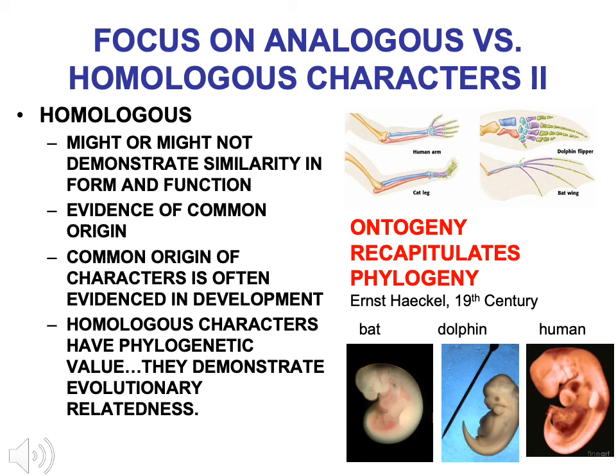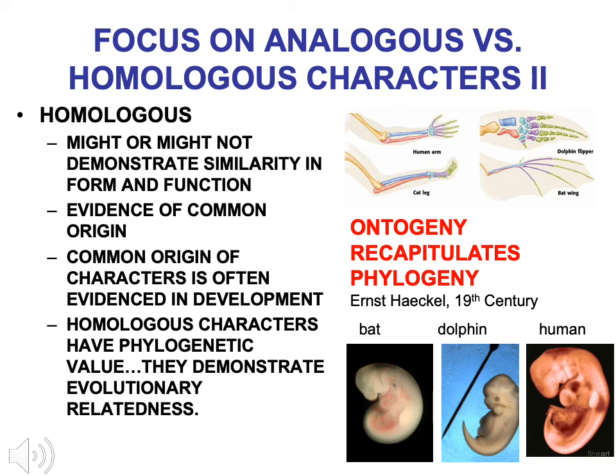Now, those look quite different in some cases, and they might do completely different things, but if I looked at the evolutionary origin of a bat, a dolphin, and a human, as illustrated at the bottom of this slide, I would see that the limb buds that are forming in those embryos are ultimately going to be the origin of those appendages that I see there. So common origin of characters is often evidenced in development.